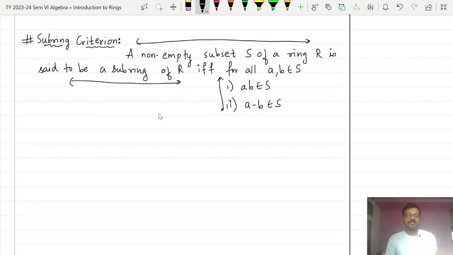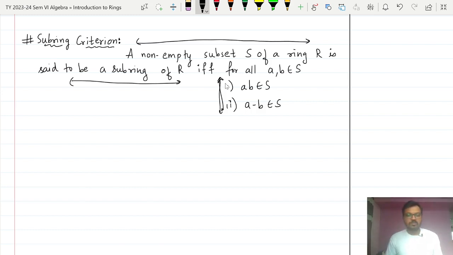So the meaning is, first of all we'll assume that S is a subring of R, and with the help of this we can prove these two properties, and that is simply straightforward, because assuming S is a subring of R, it means that S itself is a ring, right? That is the basic definition. So that will naturally imply that these two properties hold, no issues in that.